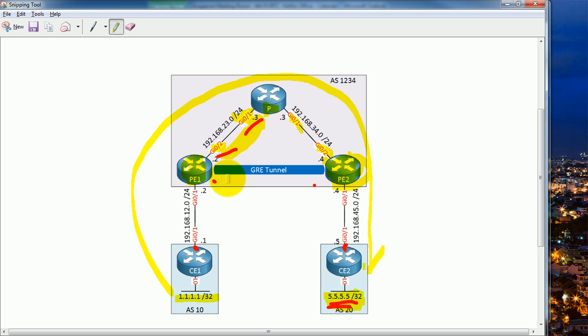to 4.4.4.4. It's the outgoing label, say pop label. We mean to remove the label.